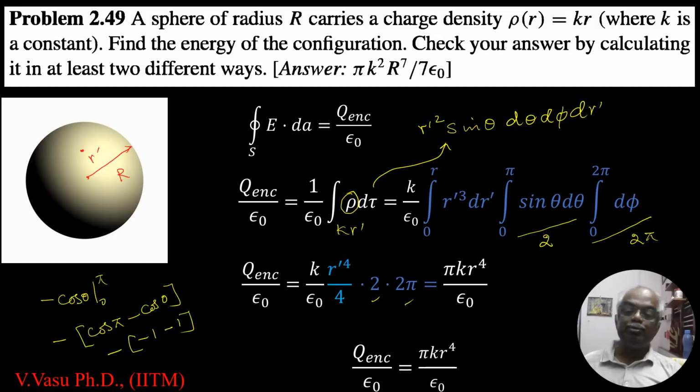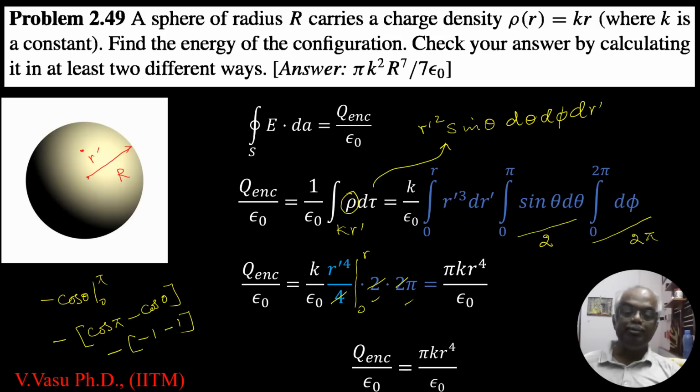Then you come to this r integral. If you integrate r prime cubed, you will get r prime to the power 4 divided by 4. Here you have to apply the limit 0 to r, remember that. Then you can cancel this 4 with 2 times 2, which is 4.